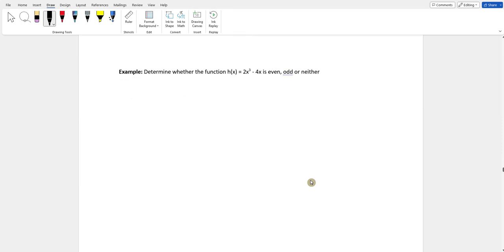In this next one, we have h of x is equal to 2x cubed minus 4x. We're going to see whether or not it's even, odd, or neither. If it's an even function, we're going to set x equal to negative x. So let's go ahead and calculate h of negative x. Whenever we see an x, we're going to replace it with a negative x.